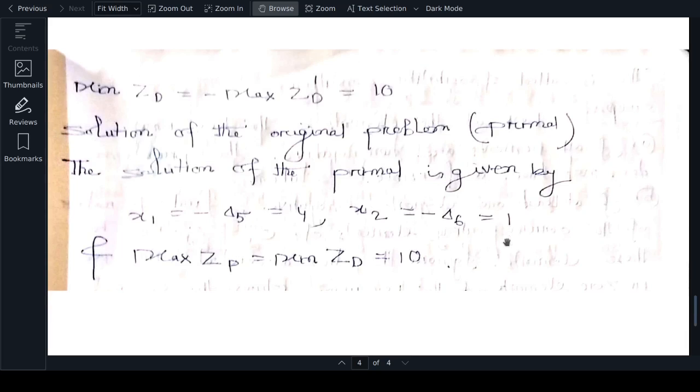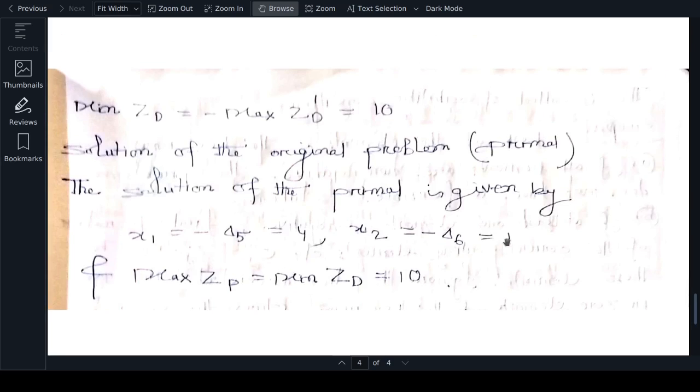So this is the solution of how to read the solution to the dual from the final simplex table of the primal and vice versa. Actually your question is: using dual, solve the LPP.